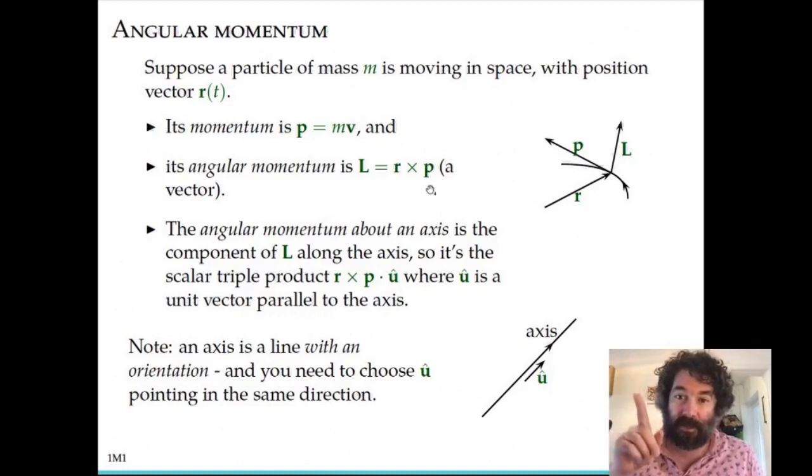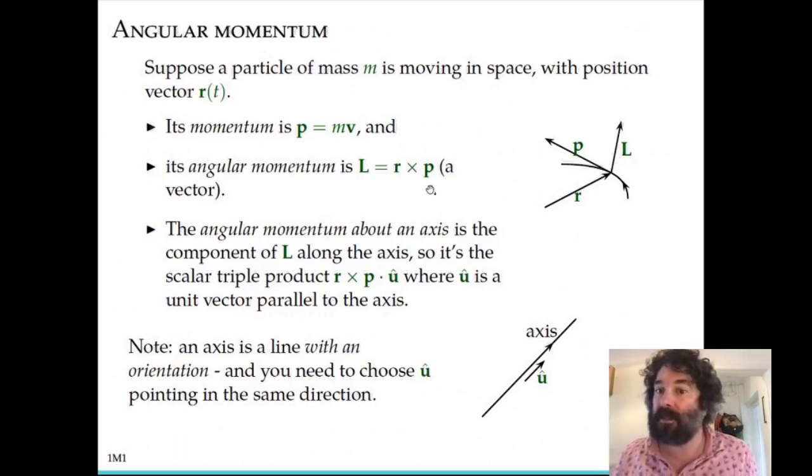So you pick which direction is the positive direction along the line, and that's given by a unit vector. And then the angular momentum of the motion of the object about that axis is the angular momentum dot product with that vector giving the axis.